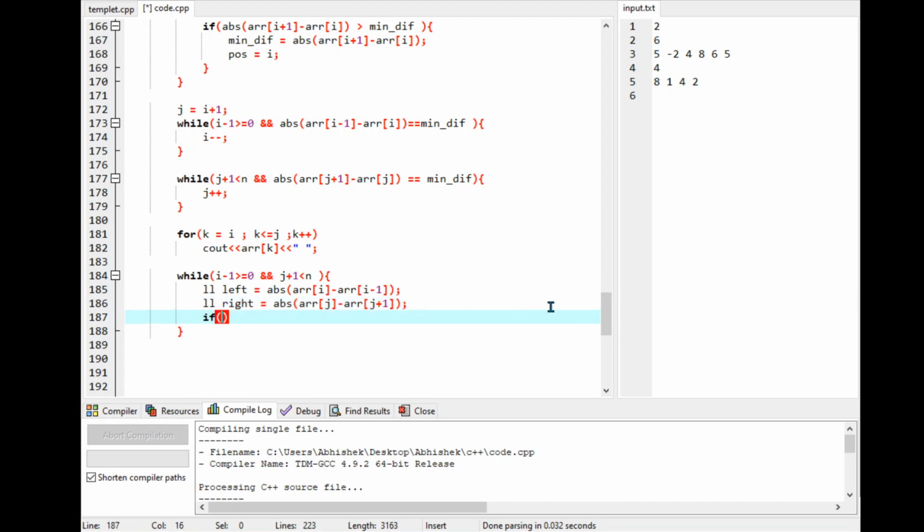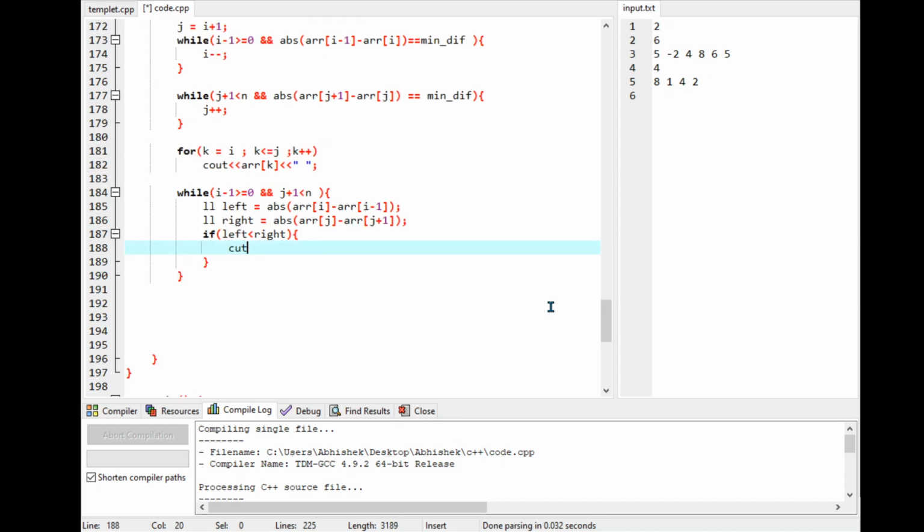So we have to go to the minimum. So if left is less than right, then we have to print array of i minus 1 element and do i minus minus, else, we actually have to print all these elements, but the order is the one thing which is determinant here.